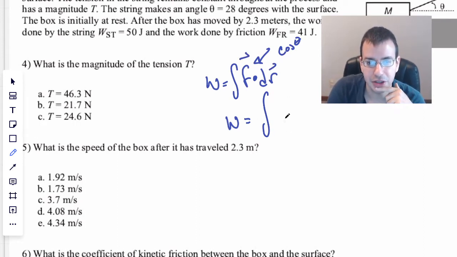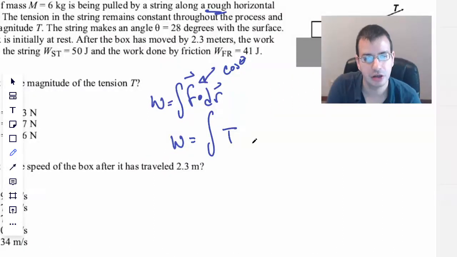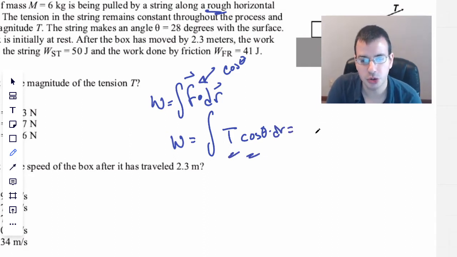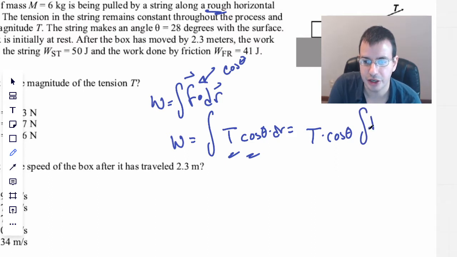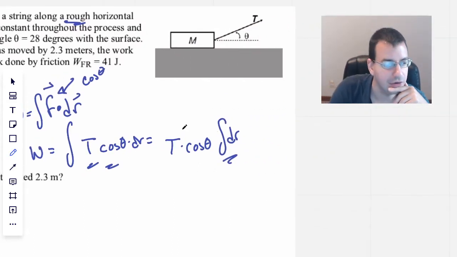So this will be the integral of, I'm going to say T for tension, cosine of theta dr. T is constant, cosine of theta is constant, so we're going to pull that out. So we have T cosine of theta integral dr. This is just the distance traveled.